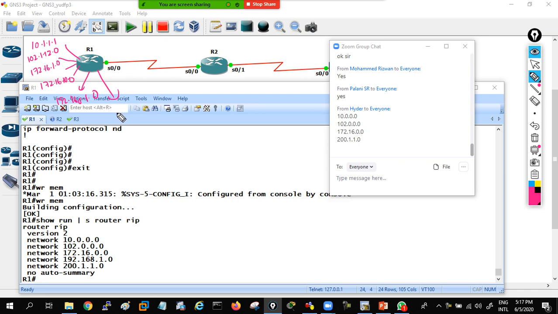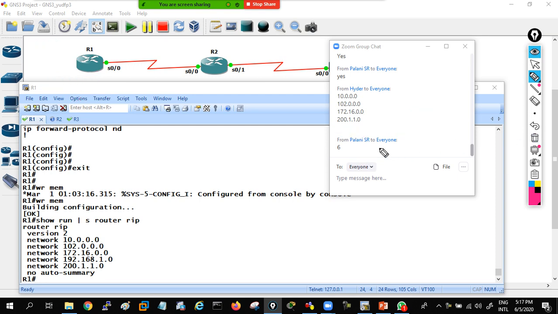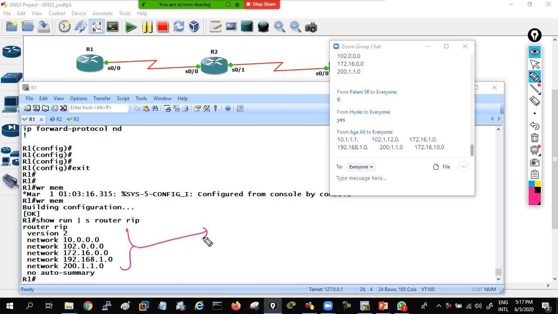How many networks have we advertised so far? Because your router RIP is going to summarize this, right? But here, how many networks do we indirectly advertise? 172.16.1.0 and 172.16.10.0. But your RIP is going to summarize like this. Do you understand, sir? How many networks, guys? Try to understand this one. The first one should be 10.1.1.0.